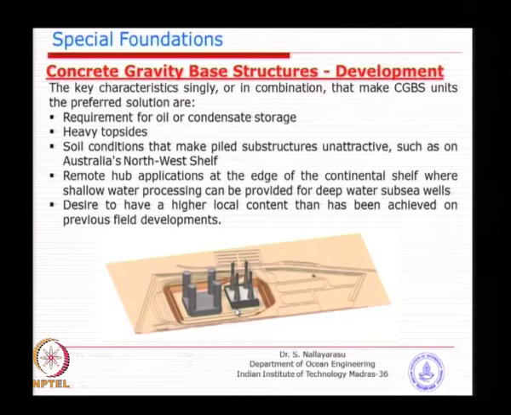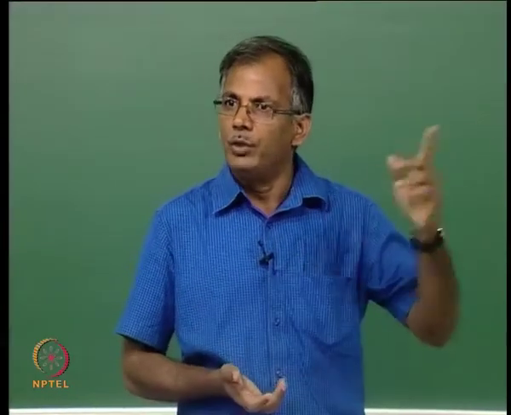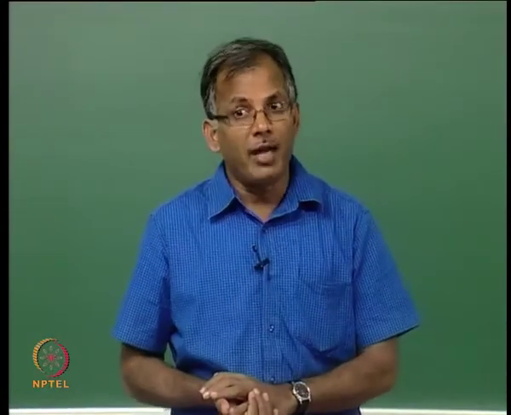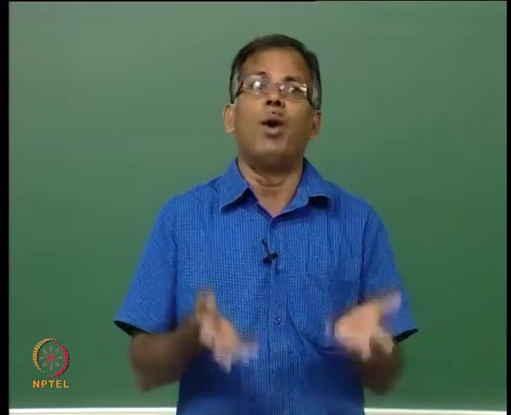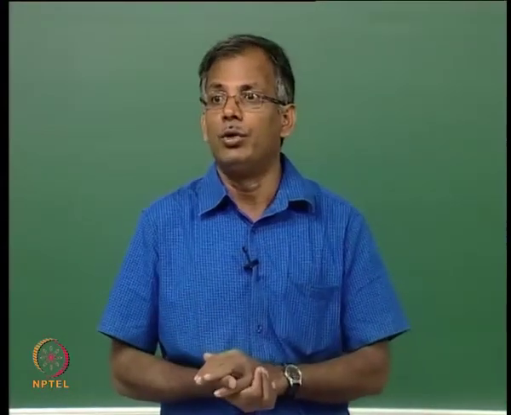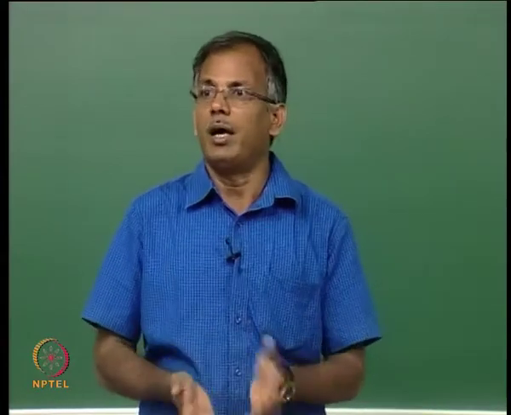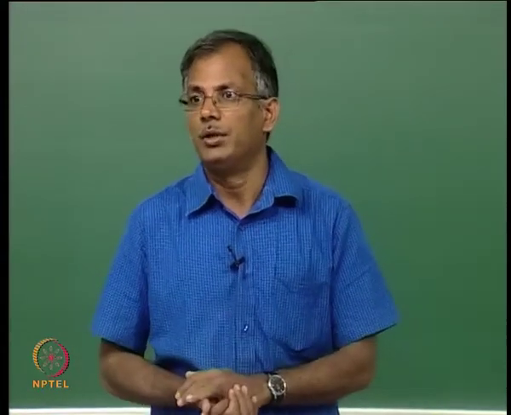You have to manipulate the buoyancy in such a way that if you have too much buoyancy, it's also a problem, because during tow, if a substantial portion of the shaft as well as the superstructure is above water, it is not very good, because during tow your vertical center of gravity will be very important. The higher you go, stability becomes more of a problem.